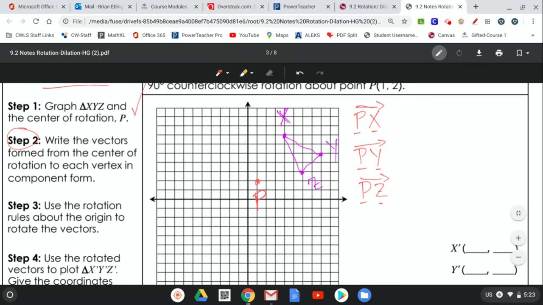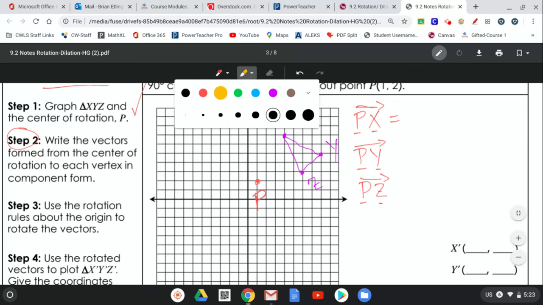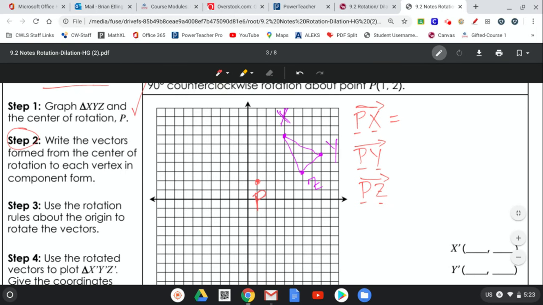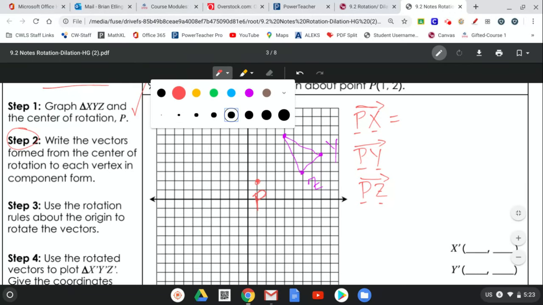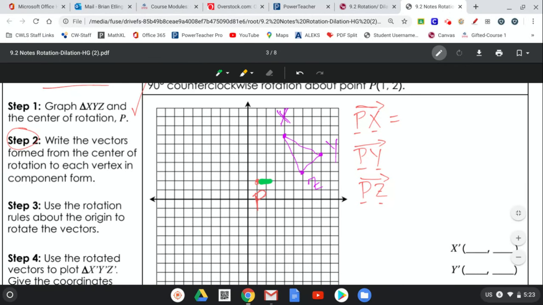So to write the vector, we are going to count over how many spaces and count up. From P to X, we're going to move this direction and up.